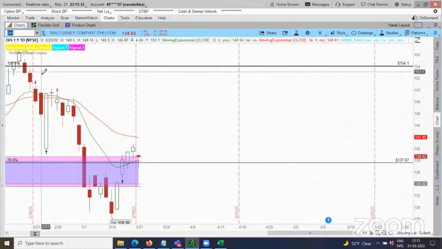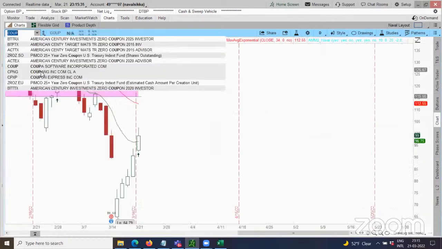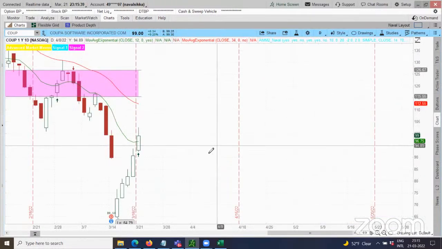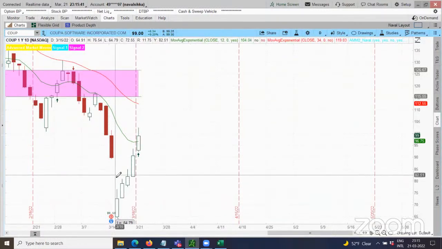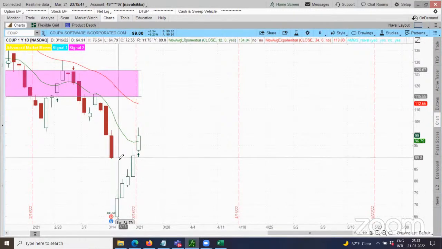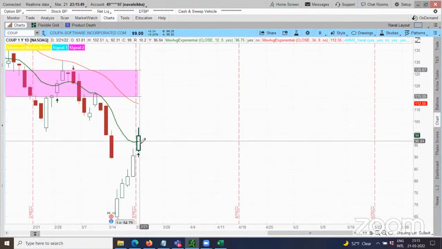Last is Coop. It had earnings and a big gap down, the gap is filled and it went up from there, which is a positive thing once the gap is filled and you're considering the momentum.